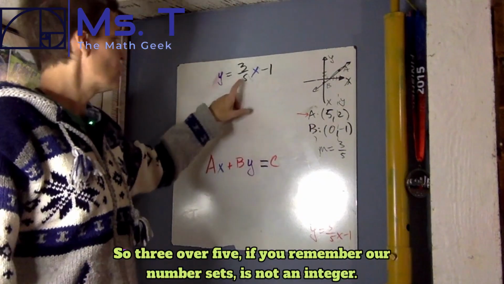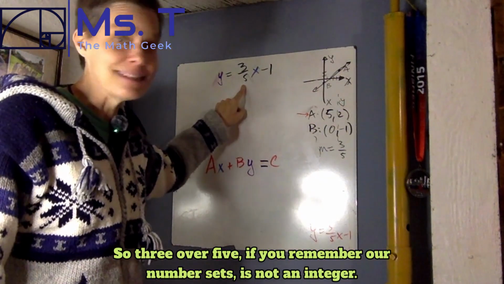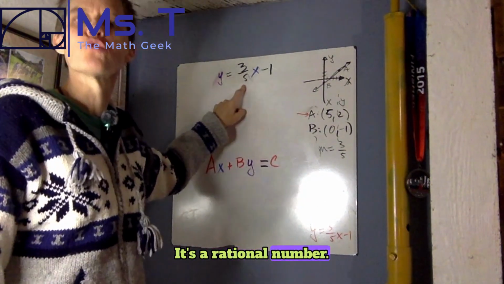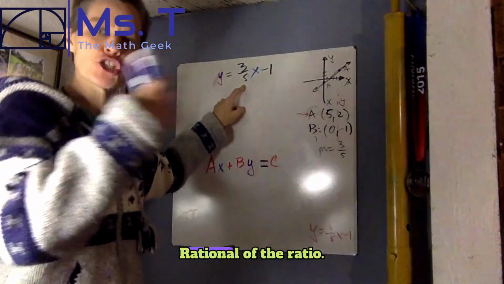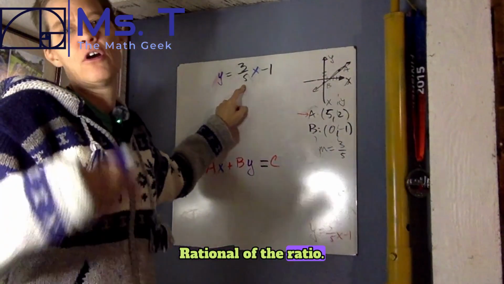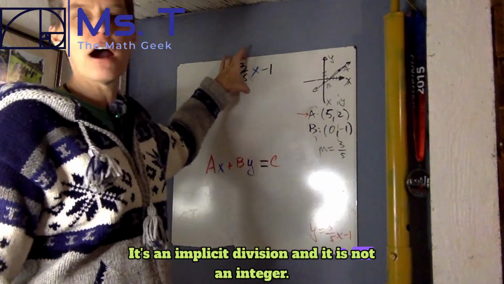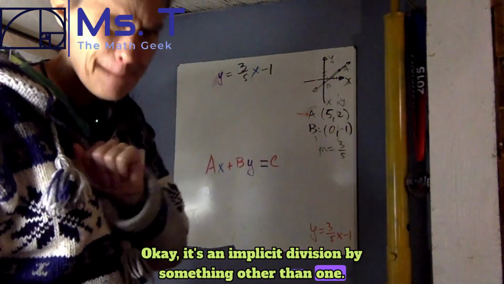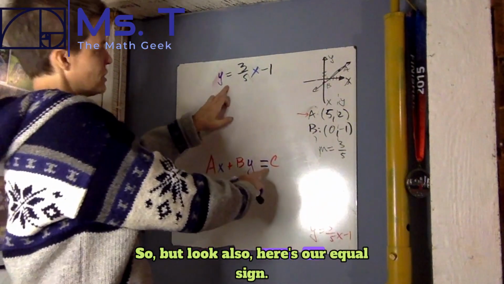So 3 over 5, if you remember our number sets, is not an integer. It's a rational number, a ratio. It's an implicit division by something other than 1.